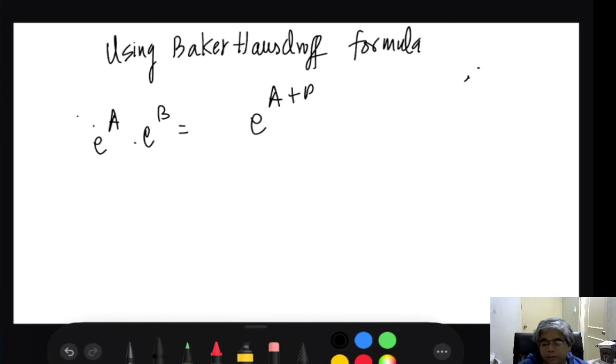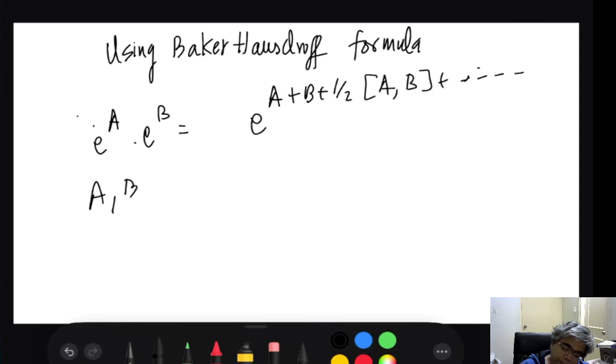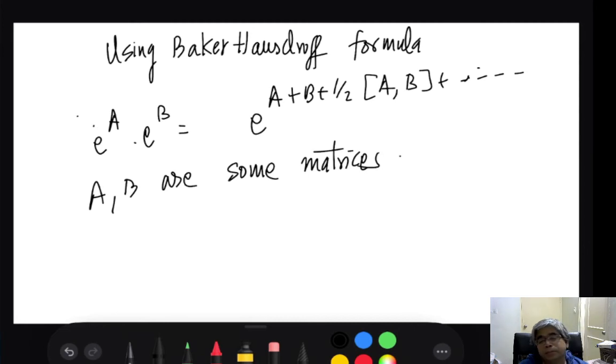There's a series where the commutator enters. As long as a and b are matrices that don't commute, e power a times e power b don't commute. So this SU2 group is a non-abelian group.